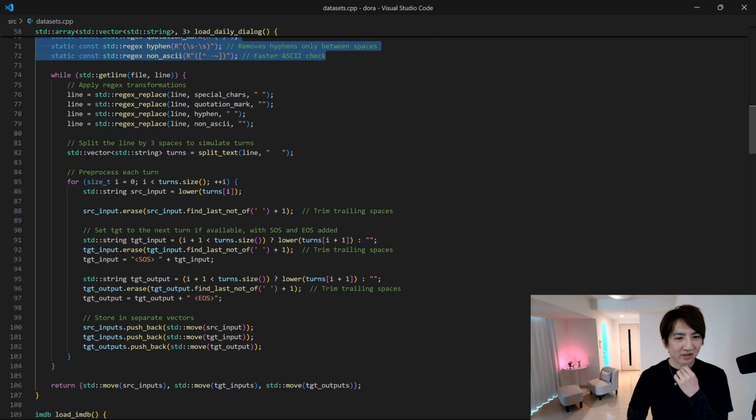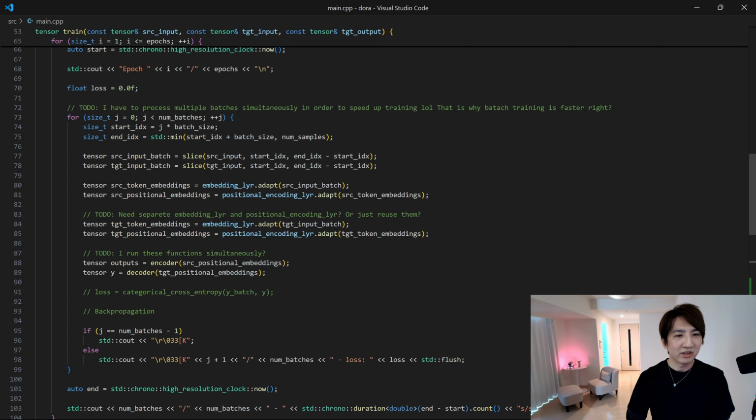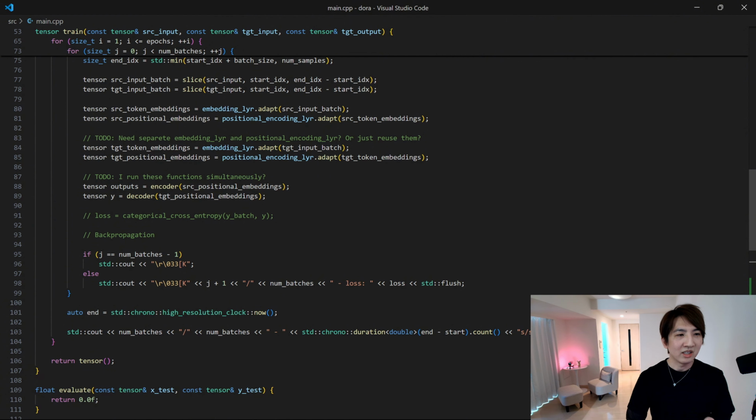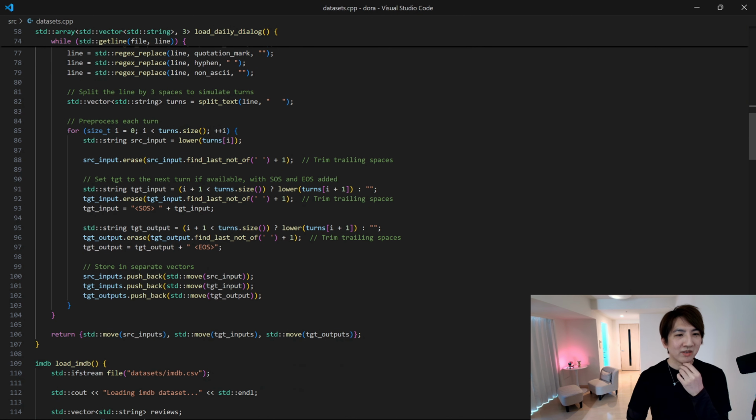And I said for encoder and decoder, I need inputs for individual components, but there is also another dataset I need to prepare.